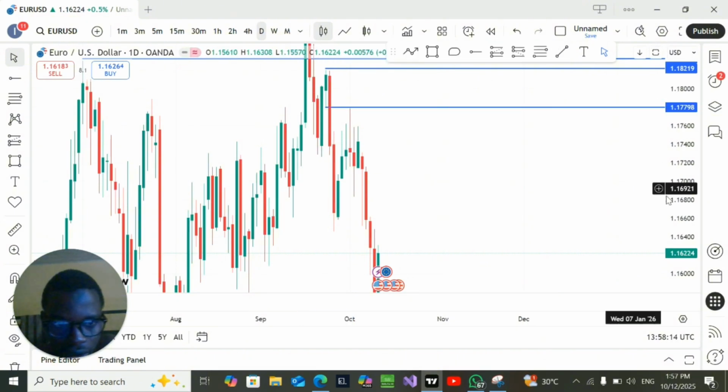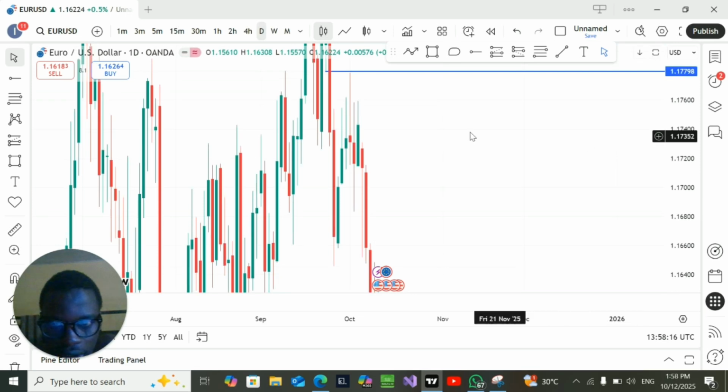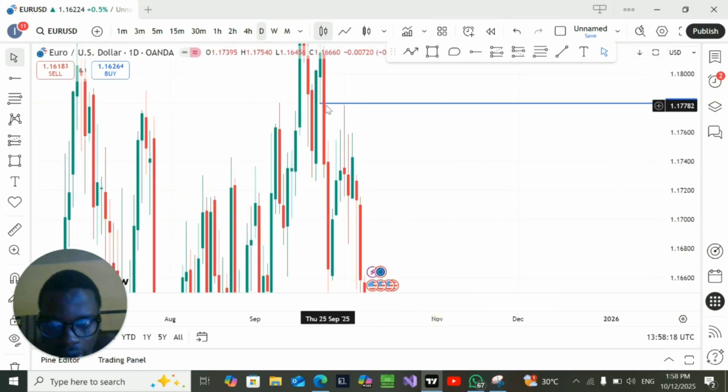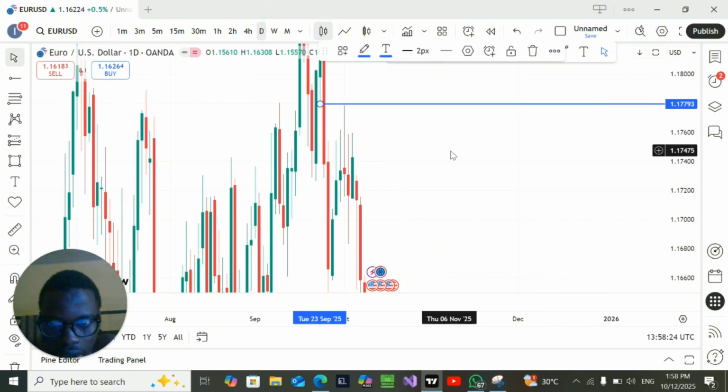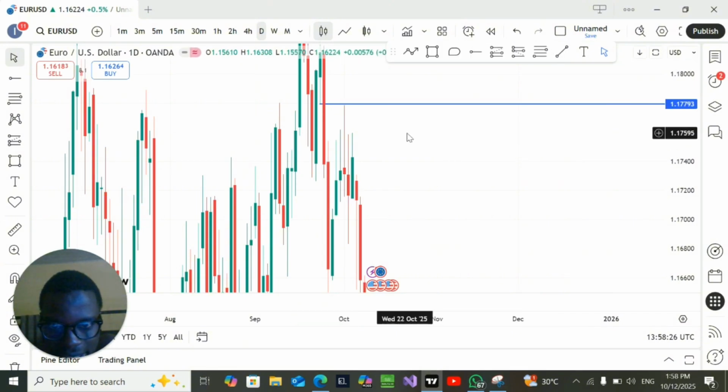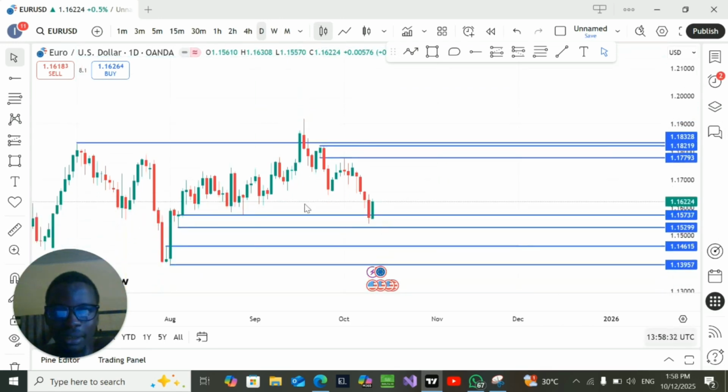You can see the market has not tested it. The market fell and made a very strong move, so by looking at it you could already claim that this is a supply. The market tested it, and now the market has come to this demand.